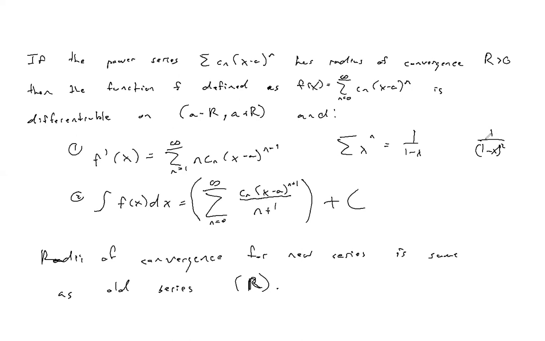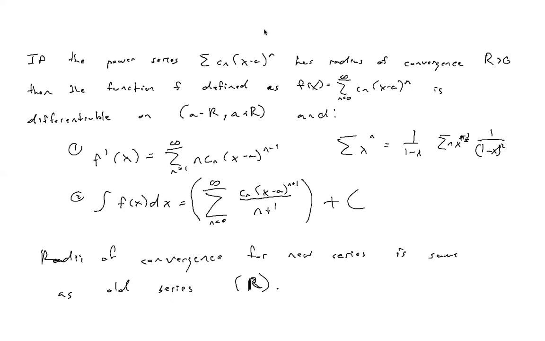So what if I wanted to find the power series for this? Well, since this is the derivative of that, the power series should just be the derivatives of these terms. So the power series should be what? The sum of n x to the n minus 1.